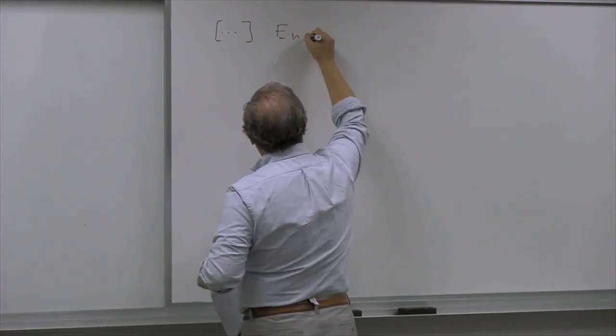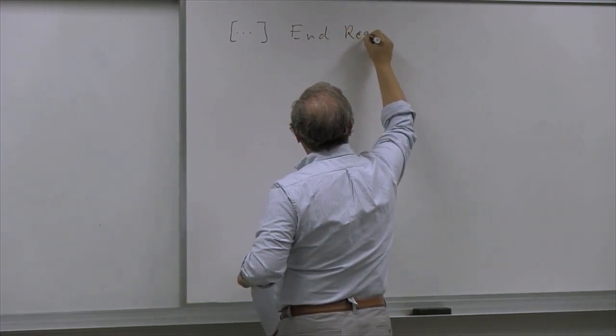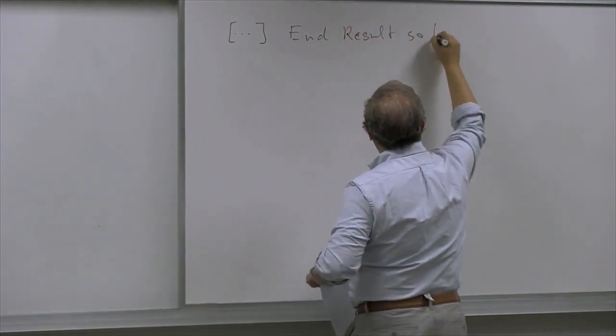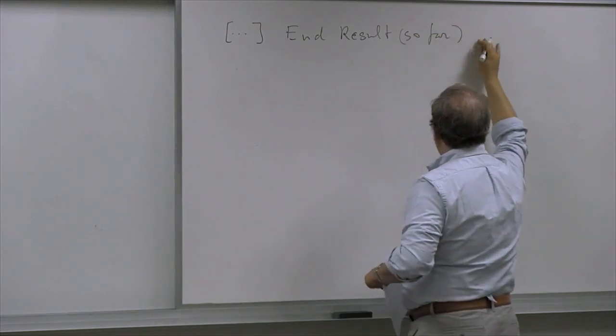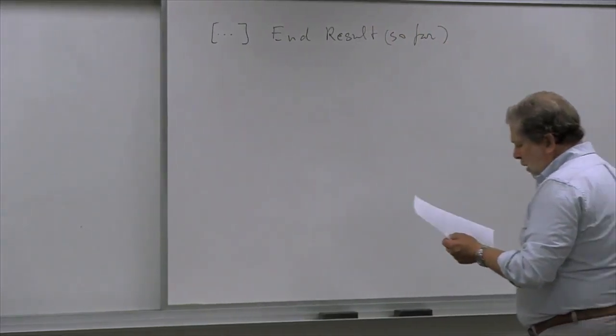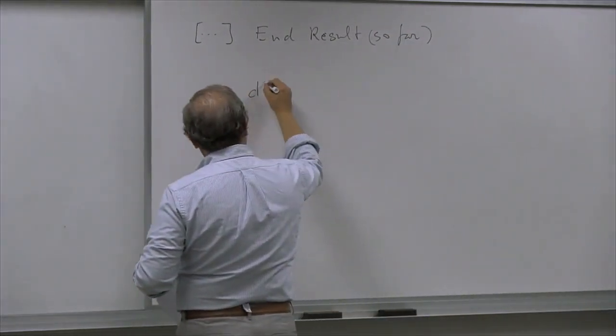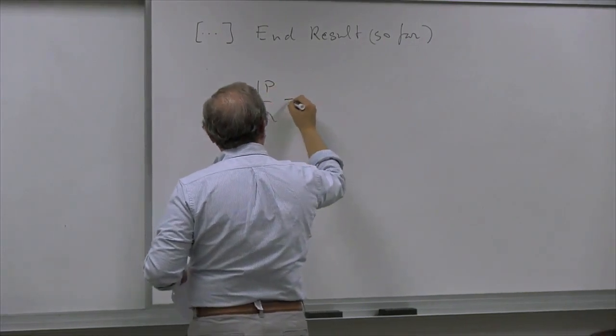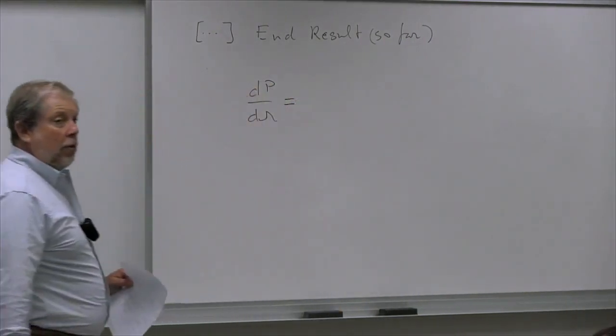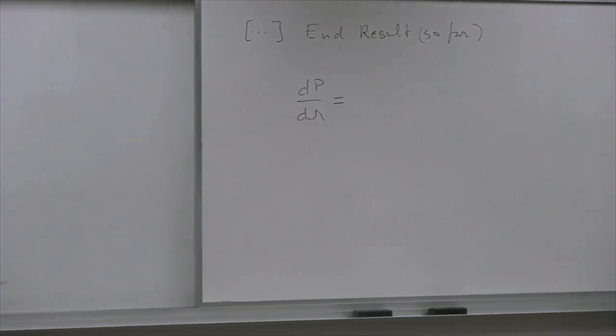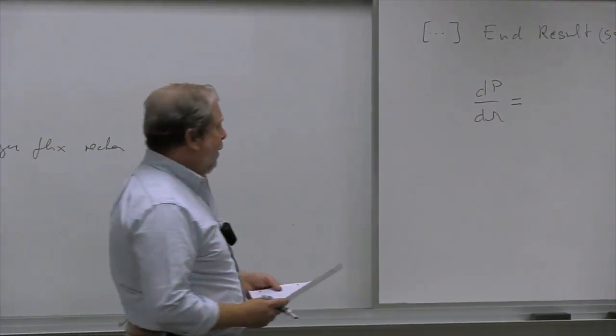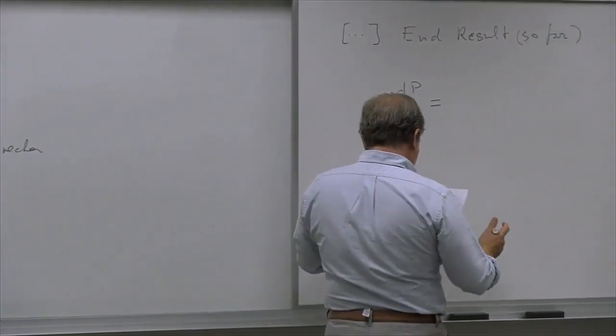So the end result so far, because we're going to go beyond that in a little bit, is that the power radiated in a solid angle, dP by d omega, can be written in terms of the T mu nu of the source, and specifically the Fourier components, which I'll describe in a moment, come in when you do this.